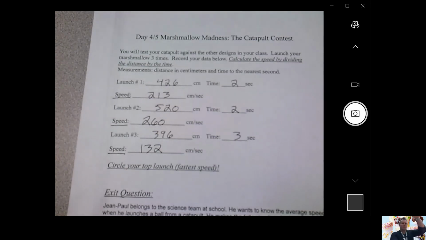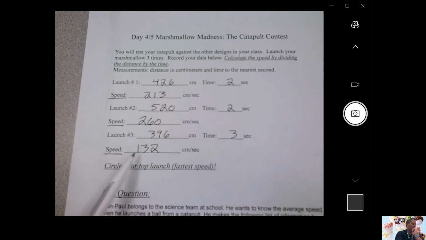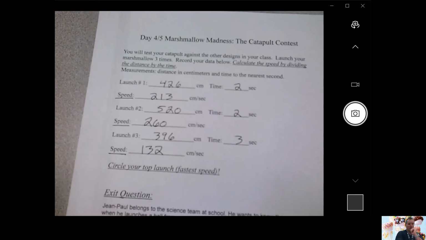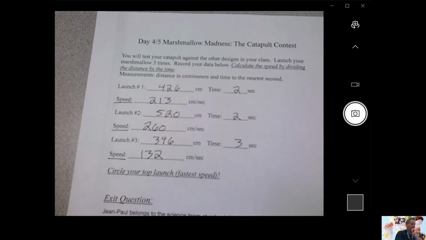So it arced a little bit more than launch 2. Launch 2 went really straight. It didn't arc too much. It was definitely very fast. But I couldn't really tell between 1 and 2 which was the fastest until I actually did this. So launch 3 was definitely slower, the slowest out of all 3 of my launches.